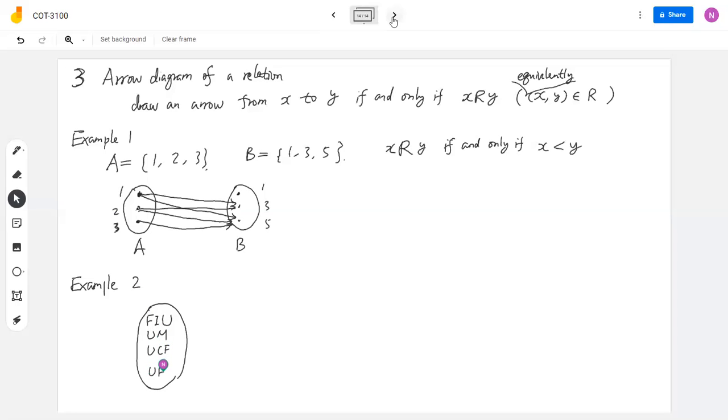On the right-hand side, this is my set B. I have Miami, North Miami, Orlando, Gainesville.